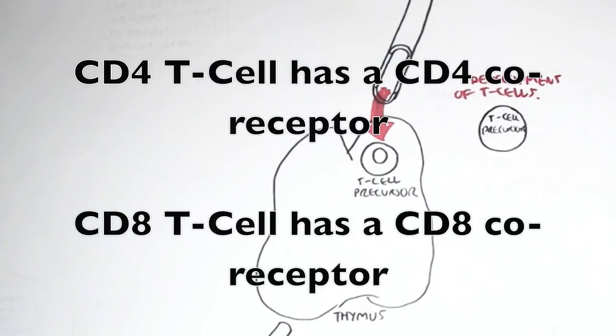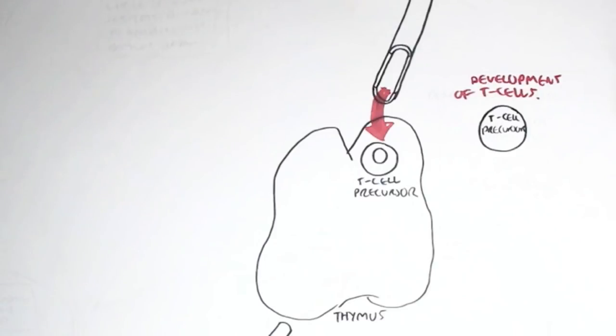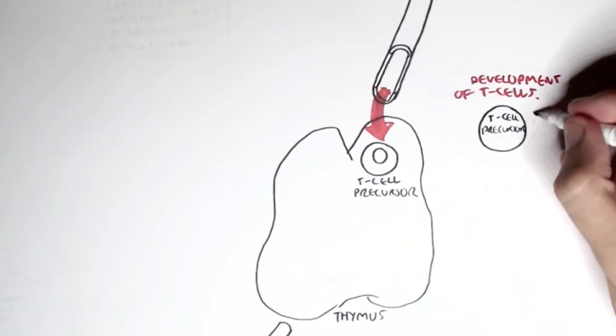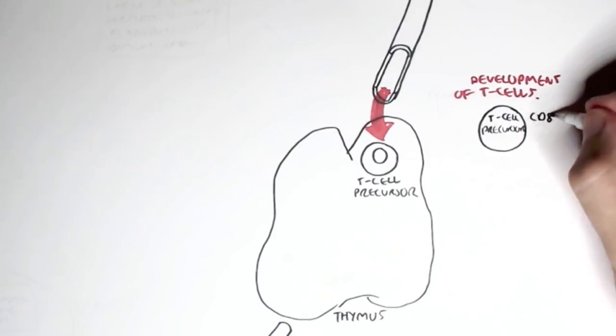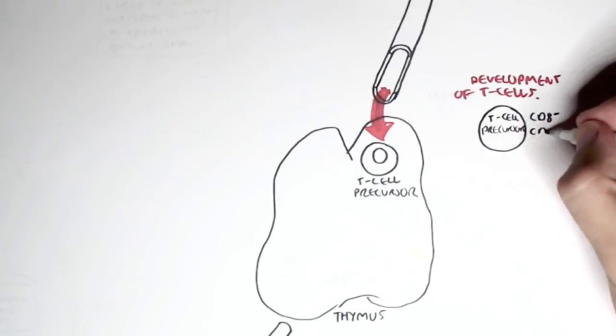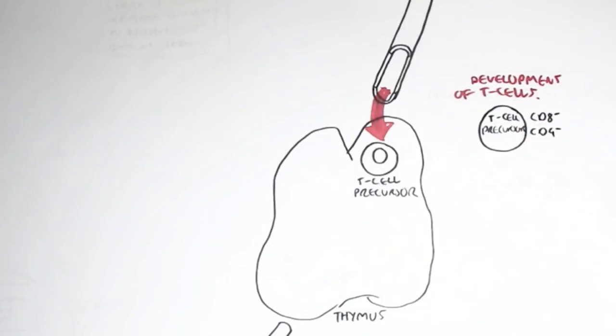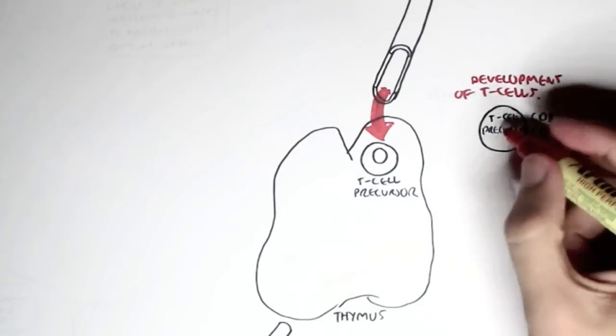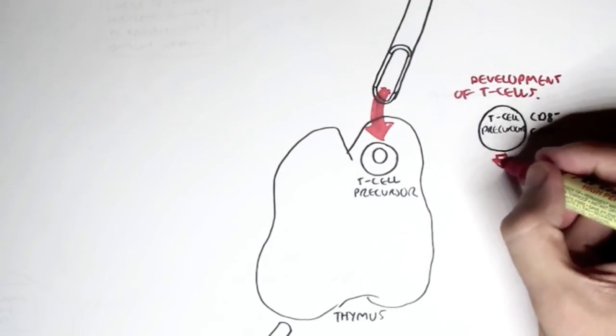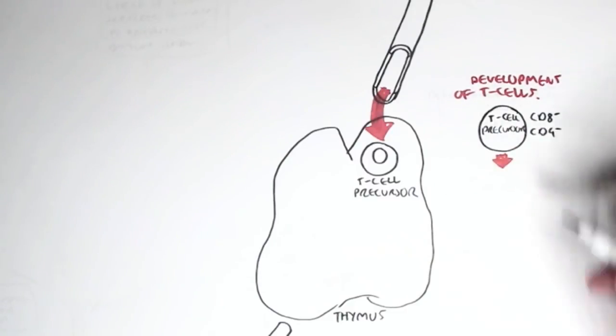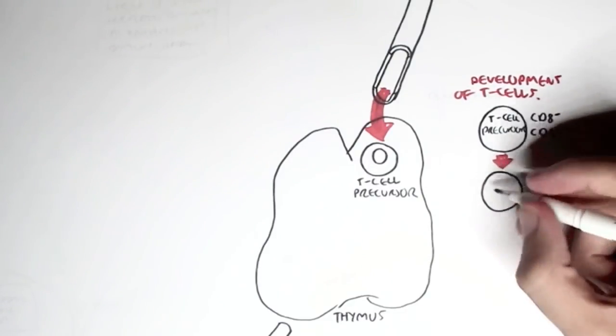It will express a CD8 receptor or it will express a CD4 receptor. In a T cell precursor stage, it expresses none of these. So we write this T cell precursor as CD8 negative and CD4 negative, meaning it contains no receptors, no T cell receptor CD8 and no T cell receptor CD4.